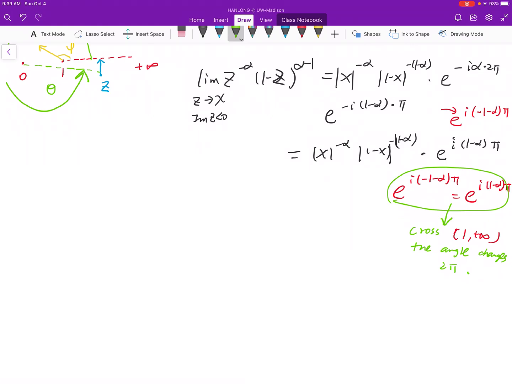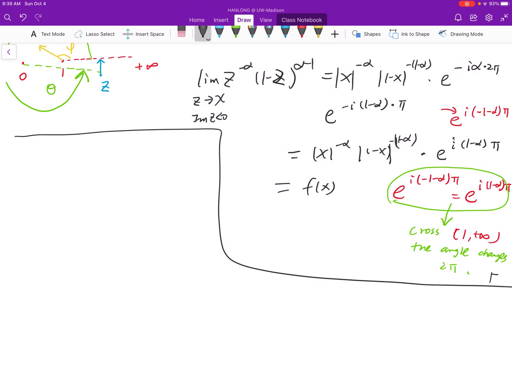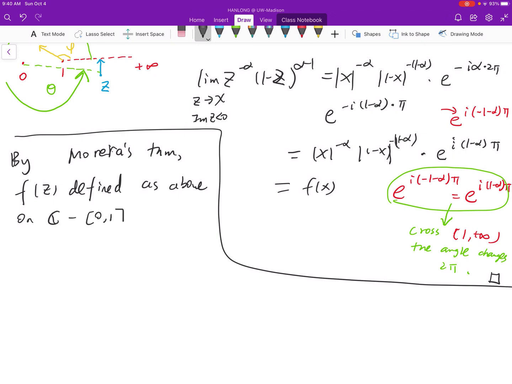Okay, then this is also f(x). So we show the continuity of the function f. Okay, then by Morera's theorem, f(z) defined as above on the complement of 0, 1 is a holomorphic function.